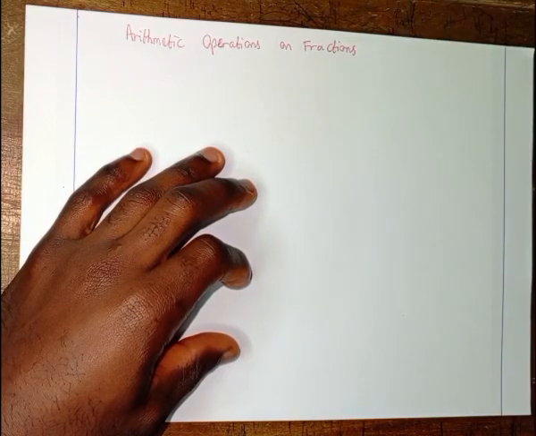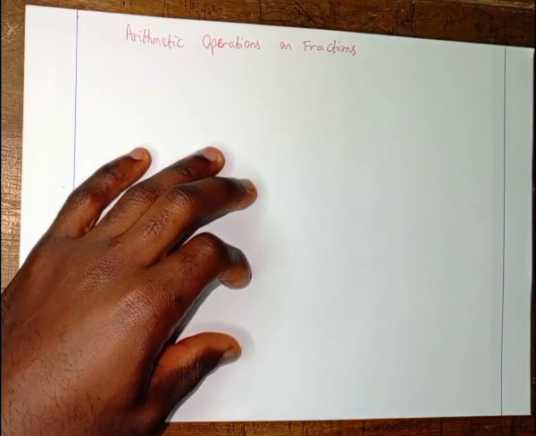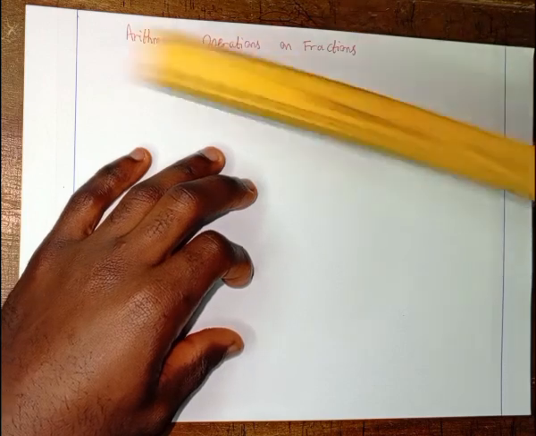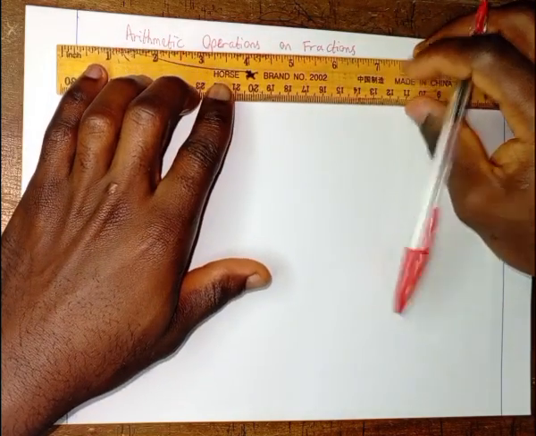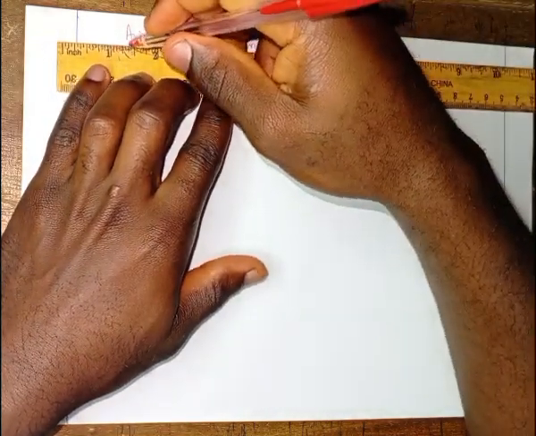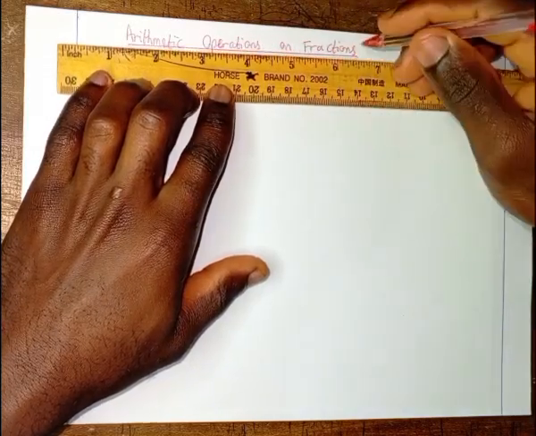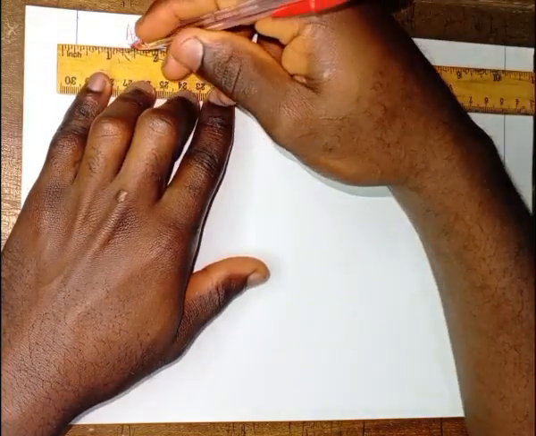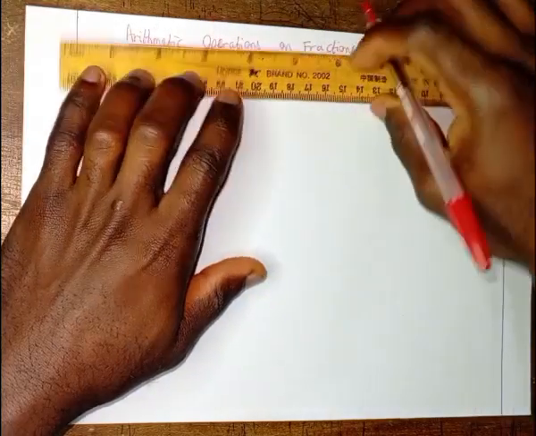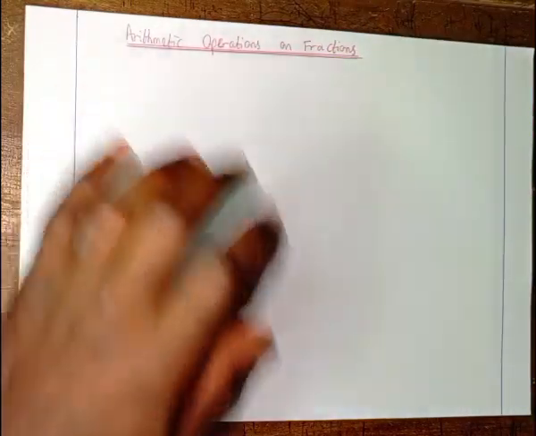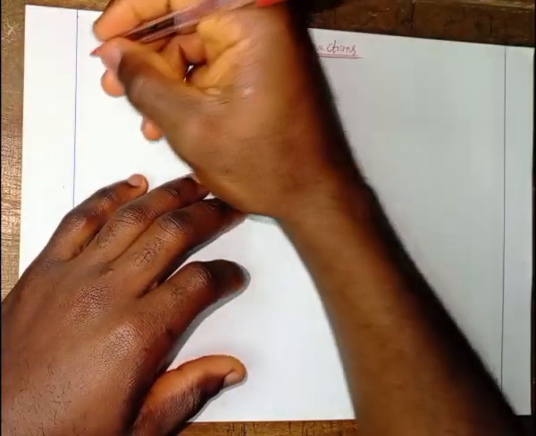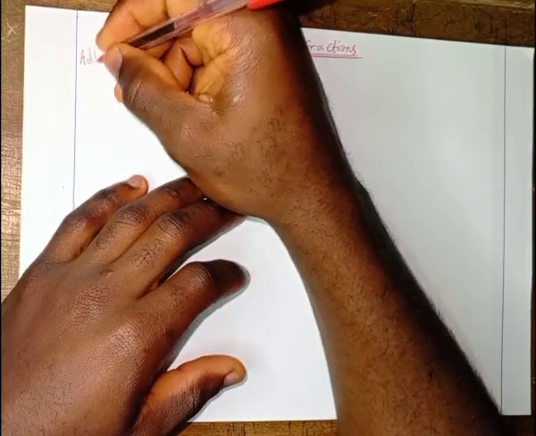We're going to see how to add any two fractions, how to subtract any two fractions, how to multiply, and how to divide any given fractions. Take the first one, addition.